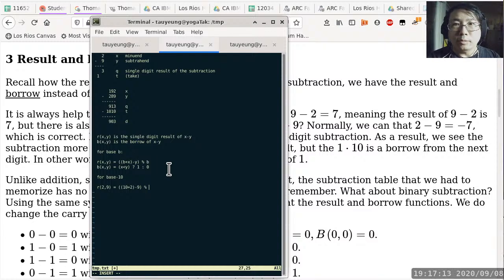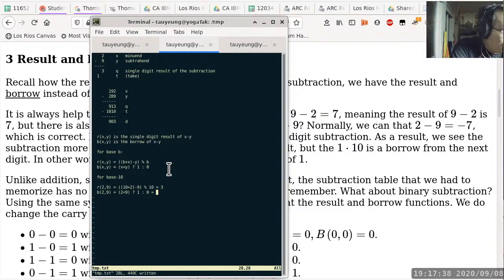In this case, whether we mod 10 or not doesn't really matter, but in the end, we just got 3 back. When we look at b, which is the borrow of 2 minus 9, then we are looking at whether 2 is less than 9, which is the case. And because that is the case, we're returning the 1, which is our then value. So this is actually a 1, just like that.